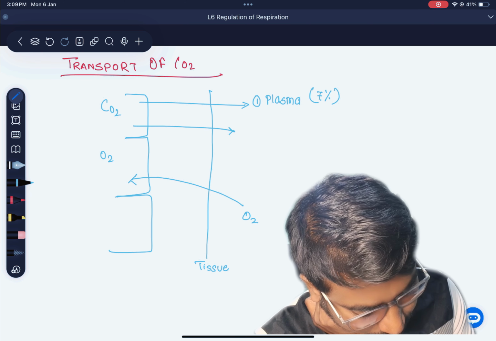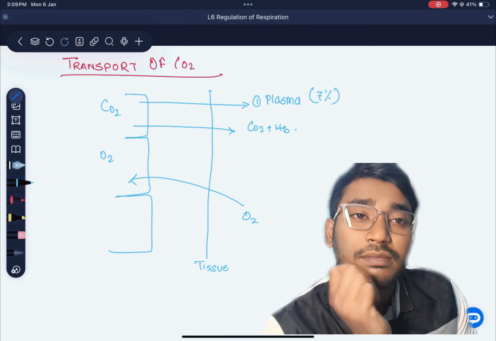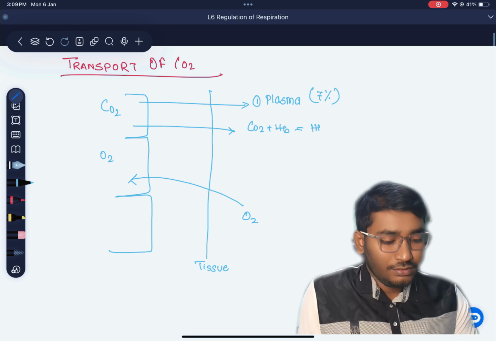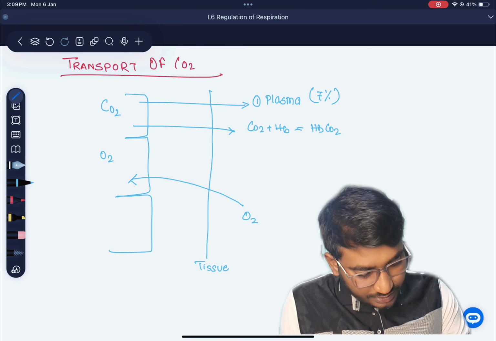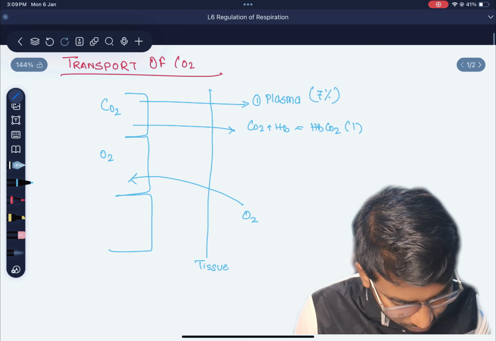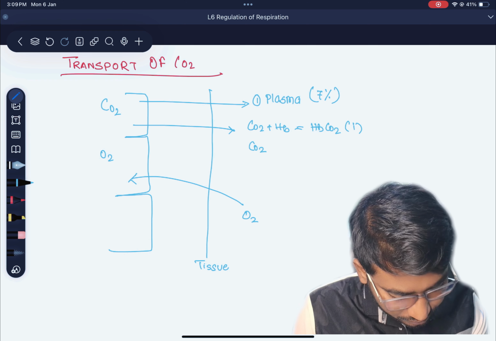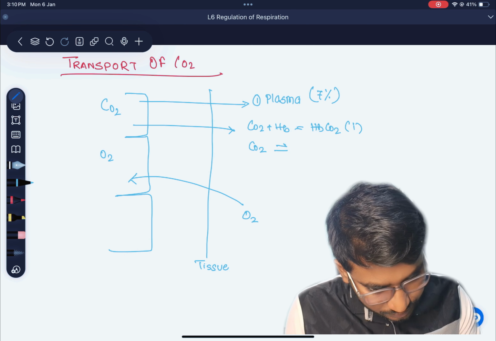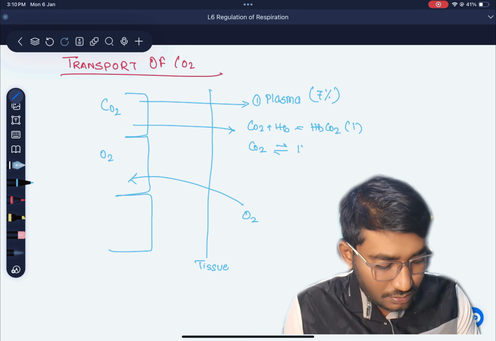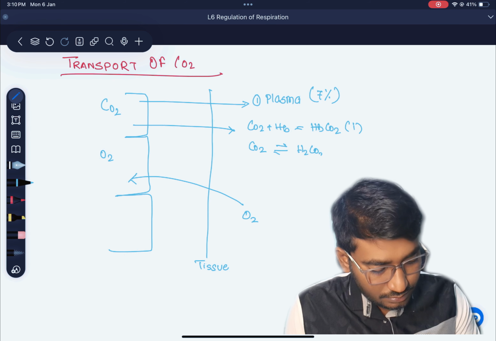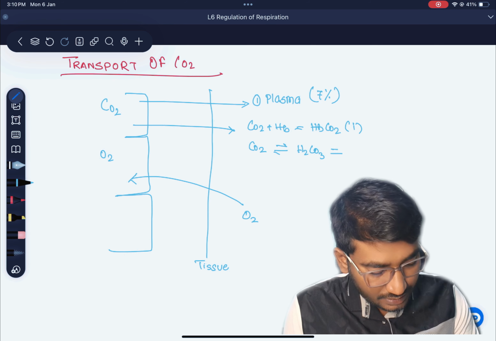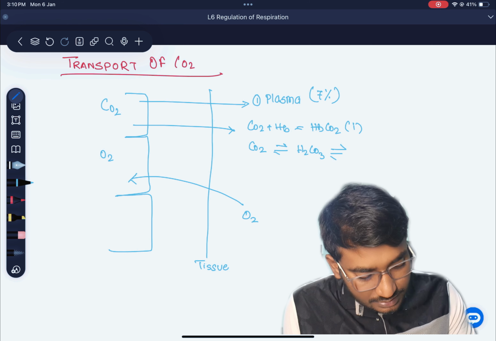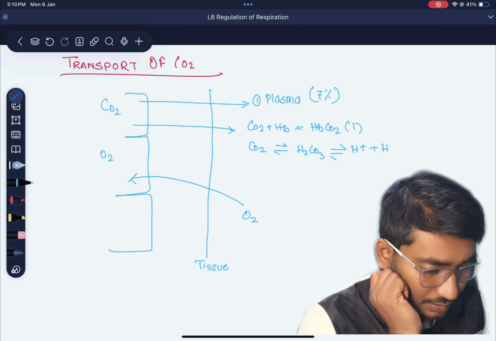CO2 plus hemoglobin makes carbaminohemoglobin, HbCO2. This is reaction number 1. In the next reaction, CO2 forms H2CO3, that is carbonic acid, which breaks into H plus and HCO3 minus, bicarbonate.